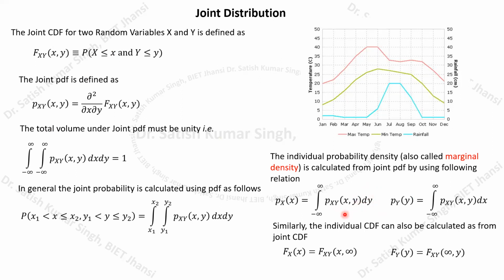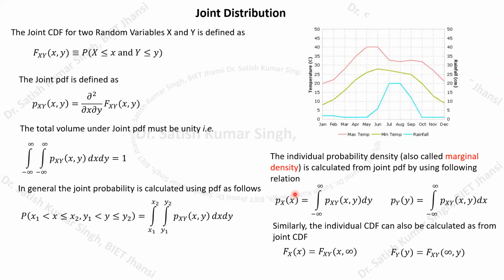Because this joint PDF is a function of both x and y, and we are integrating with respect to y from minus infinity to infinity, the function left after this integration is a function of x only, and that will give you the individual probability density function corresponding to your random variable X.